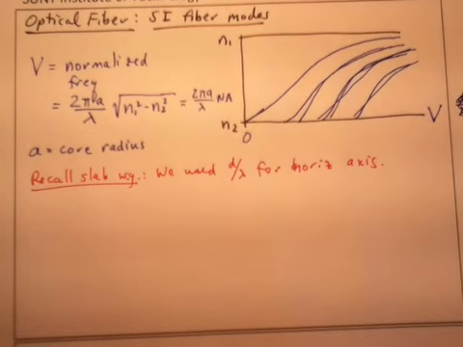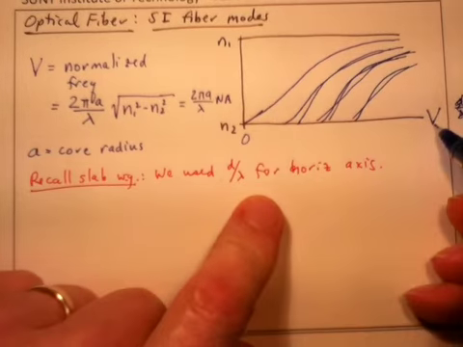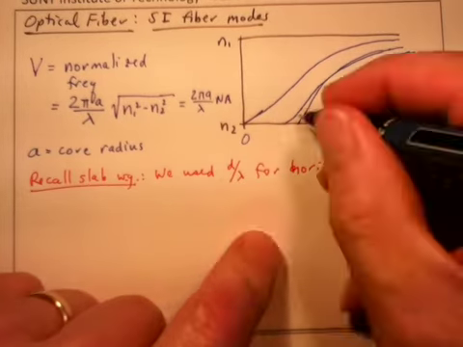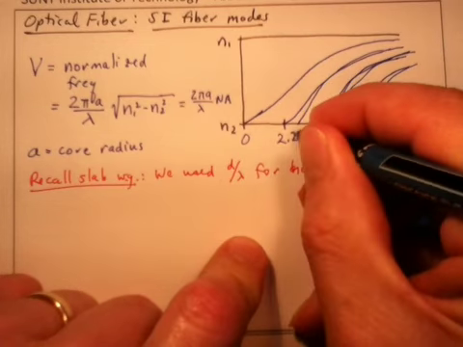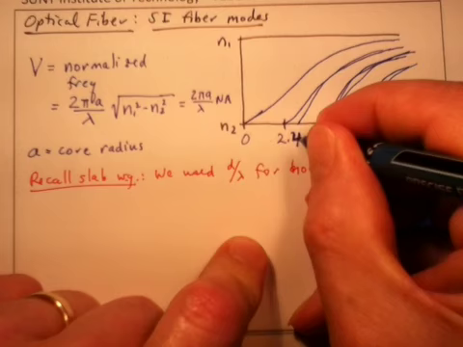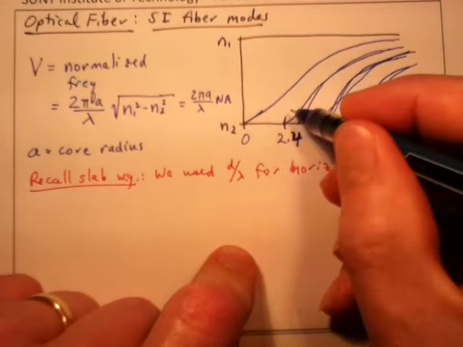Now the most important value that the normalized frequency takes on is roughly 2.4, which is the cutoff to single mode behavior.